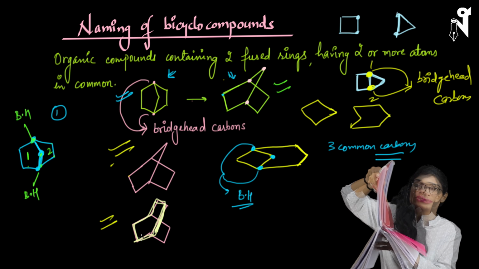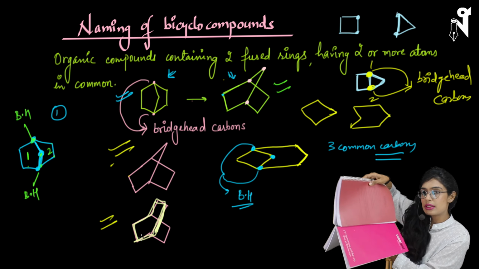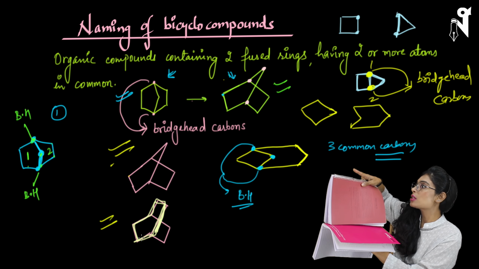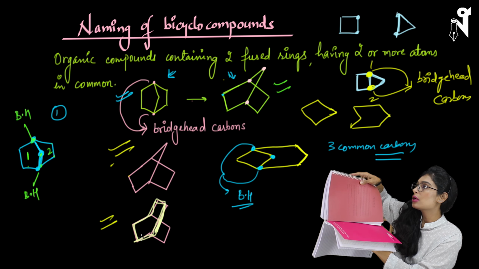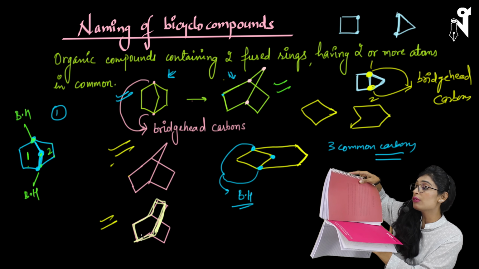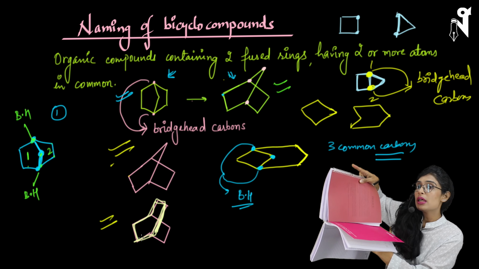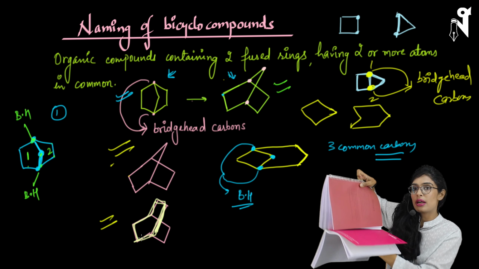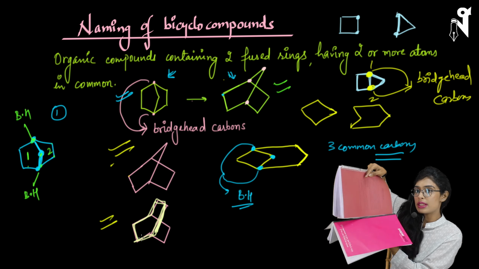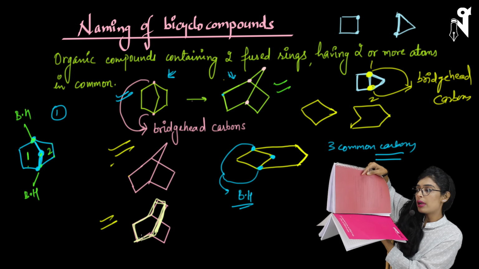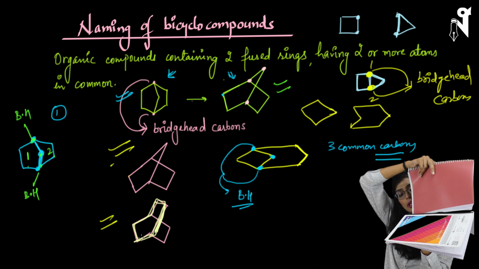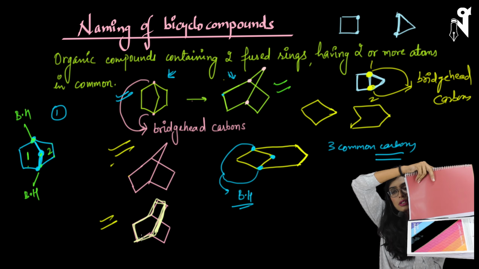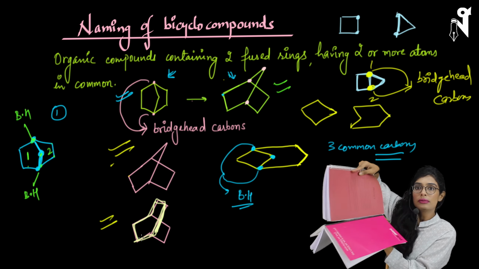This part is one ring, which has two common carbons, and then there are four common carbons in total: two as bridgeheads and two of the top ones, and then there are two here. I hope you're able to understand. So this is one ring and this is the other ring.